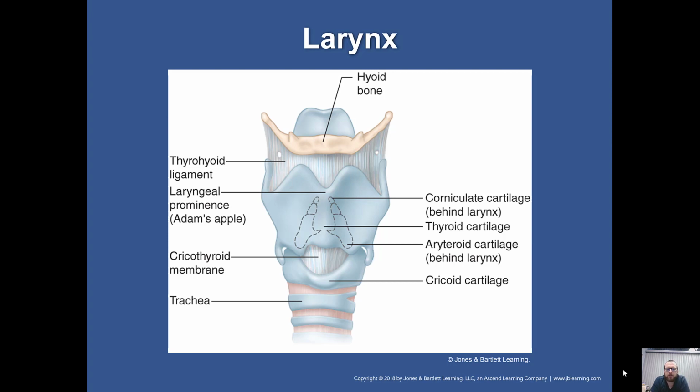Now, some of the stuff to remember on here, cricoid cartilage is the only fully enclosed ring, right? We talk about the rings of the trachea, but the trachea is actually more C-shaped, with the opening of that C being posterior, right? And that's where it comes into contact with the esophagus and allows for a little bit more give, a little bit more flexibility.